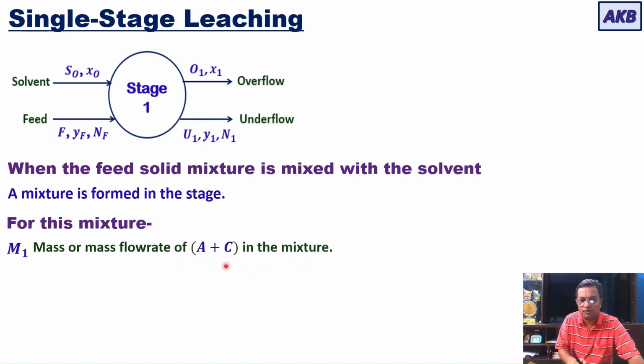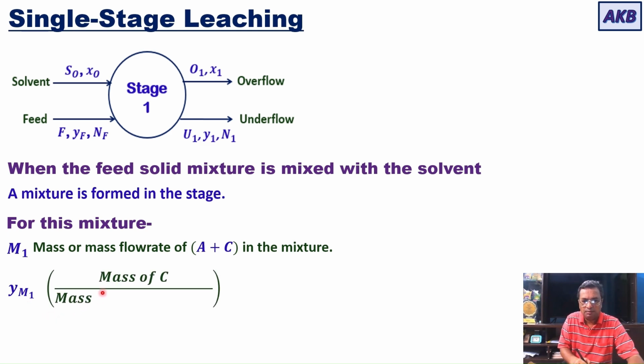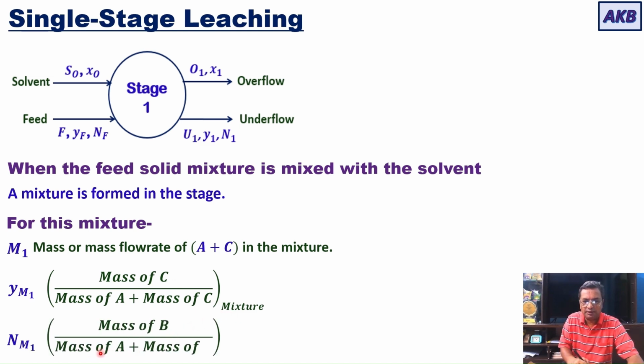So every time we are defining mass or mass flow rate in terms of A plus C. YM1 is mass of C divided by mass of A plus mass of C in the mixture, that is weight fraction of C on a B free basis in the mixture. NM1 is mass of B divided by mass of A plus mass of C in the mixture, that is weight fraction of B on a B free basis in the mixture.